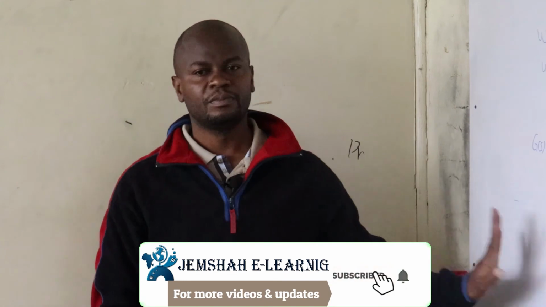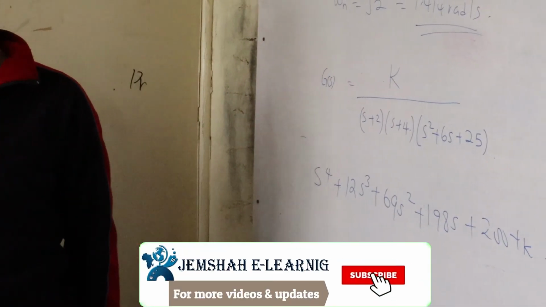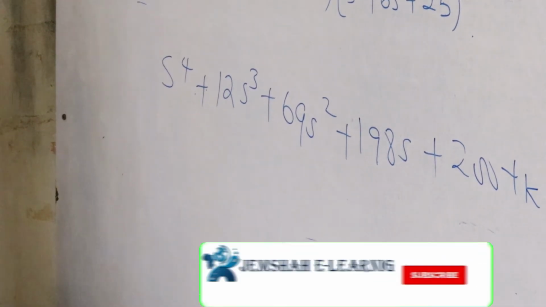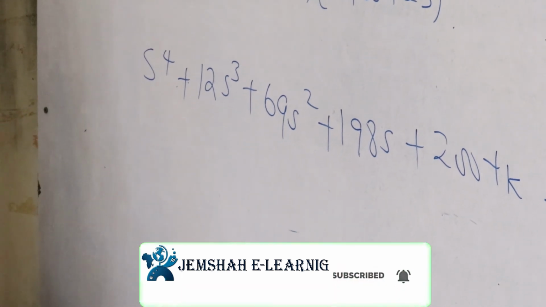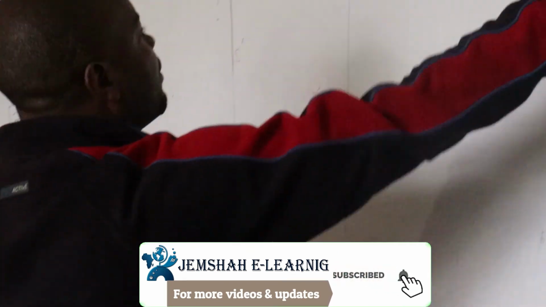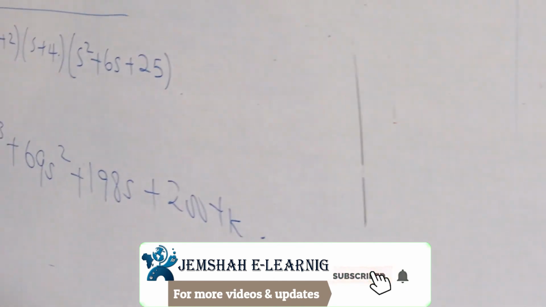I think we can start. And 200 is s raised to power, so they are both the same, because here we are dealing with powers. So when you form the Routh array, what are you going to have?